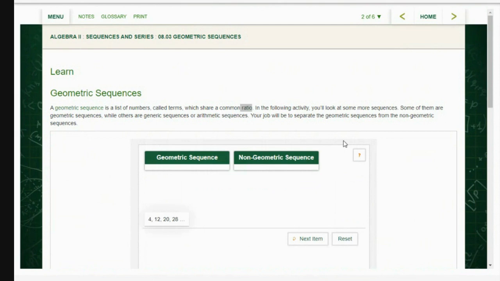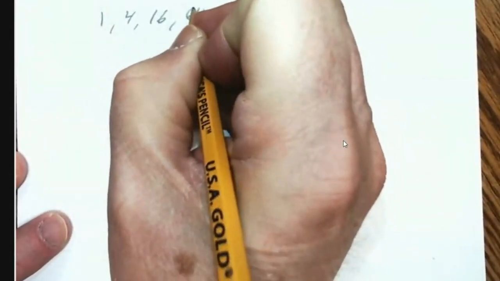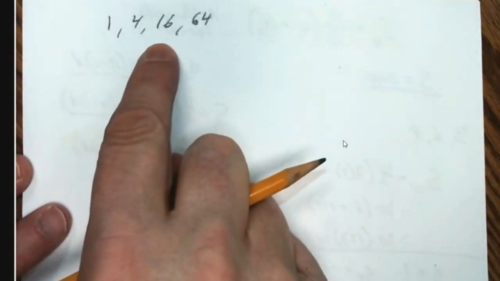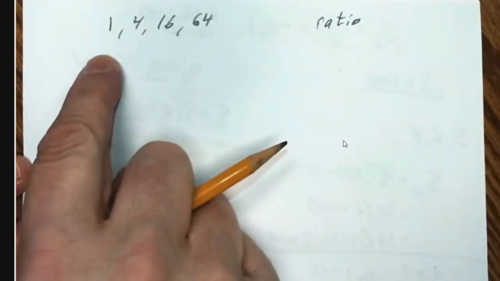Oh, that's a good time for an example here. All right, we're going to put this up on our screen. So let's look at one of the ones we just looked at. 1, 4, 16, 64. We can find the common ratio by taking the term and dividing it by the one in front of it.